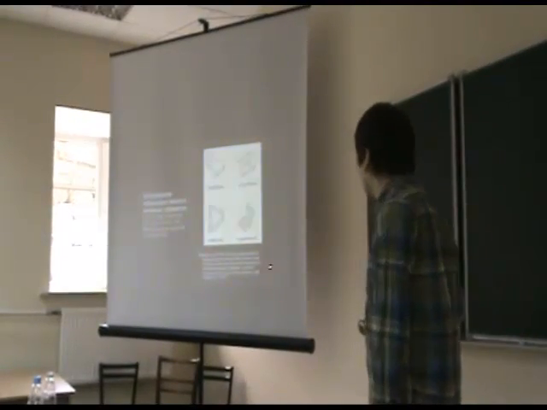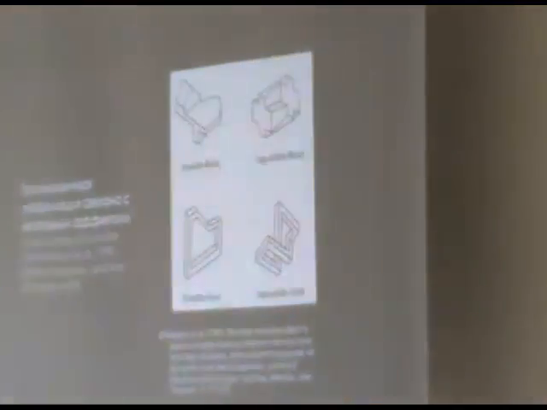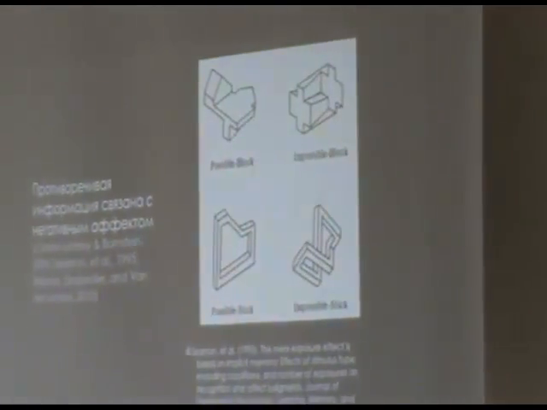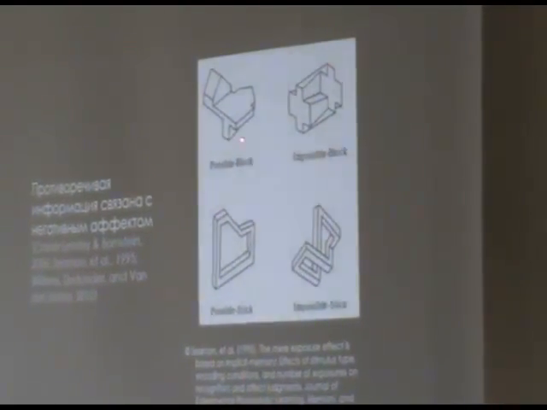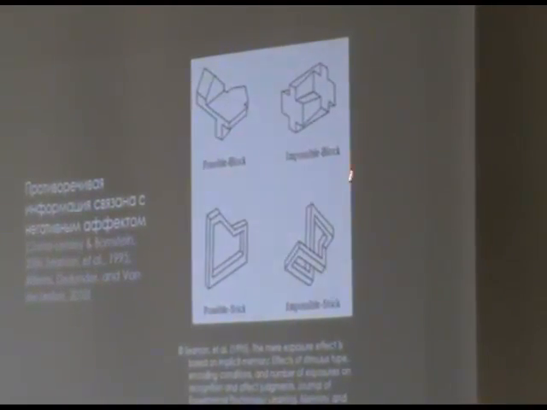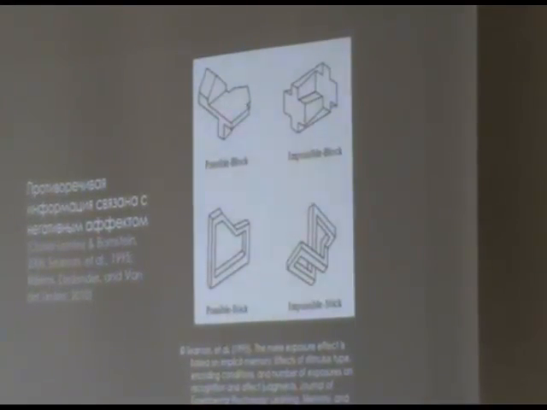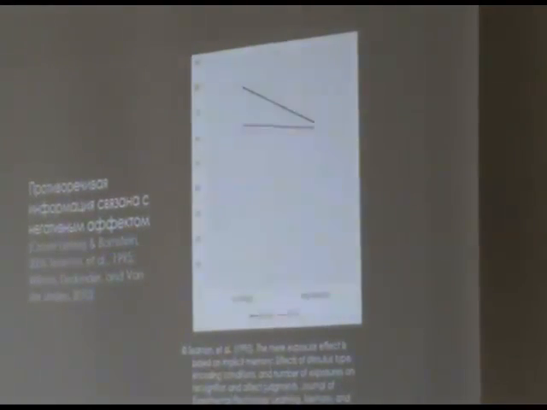This is from the 1995 paper by Simon and Lee. So you have possible figures like blocks and sticks, and you have impossible figures, and the result that they got is that possible figures are always preferred to the impossible ones.